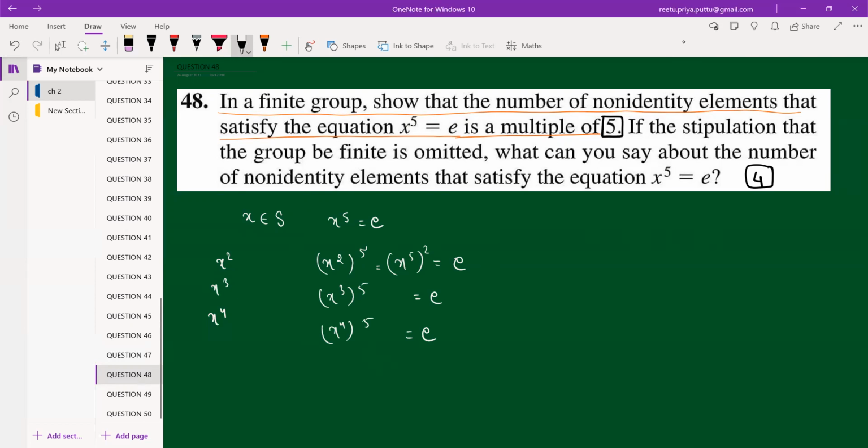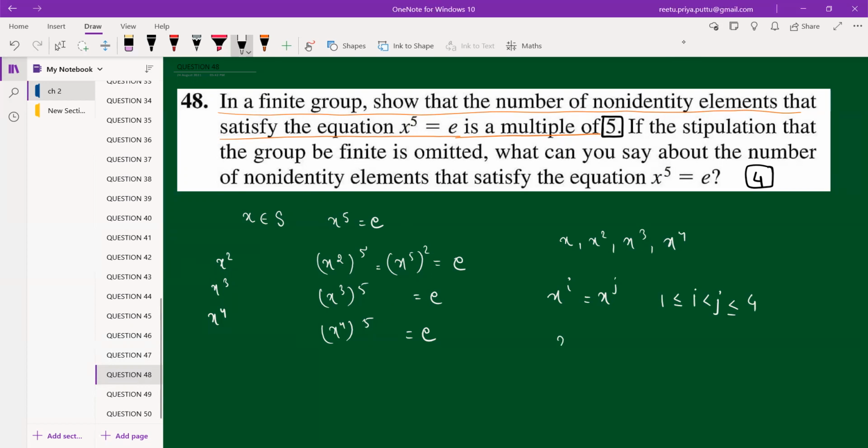Now I have to show that x squared, x cubed, x to the power 4 are distinct. How will I show this? Suppose I have x to the power i equals x to the power j. Suppose this happens. What will i be? Let's say i is less than j, and this goes from 1 up to 4. Okay, this can be equal to 4.